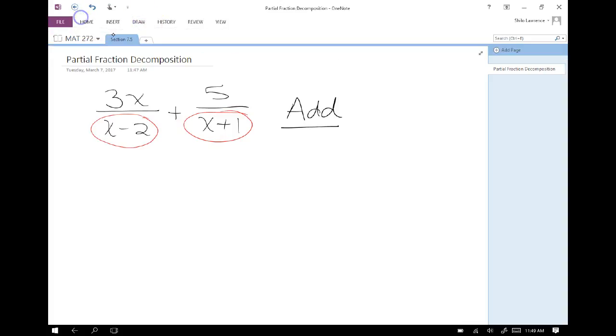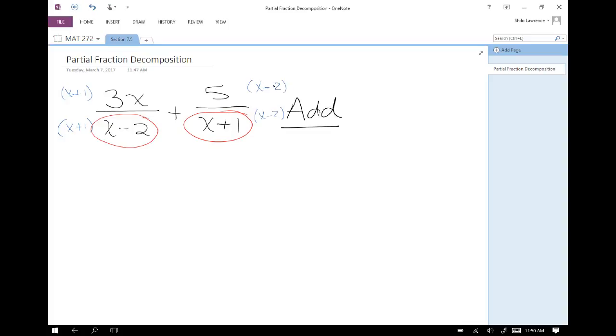So I'm going to multiply top and bottom by x plus 1 over here, and top and bottom by x minus 2 over here, so that we can get a common denominator of x plus 1 times x minus 2.